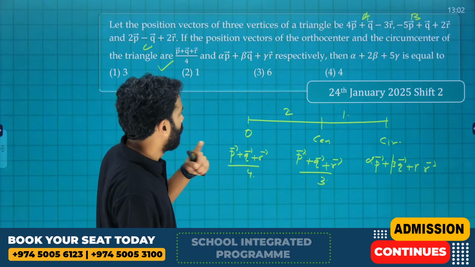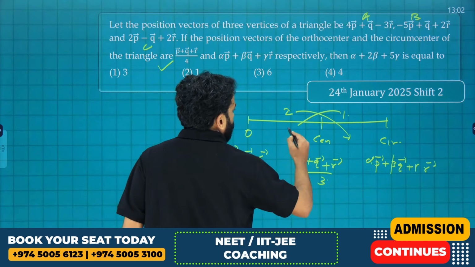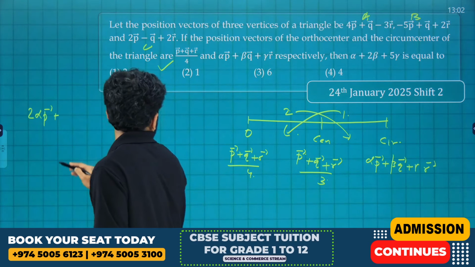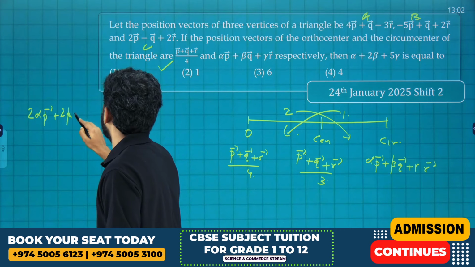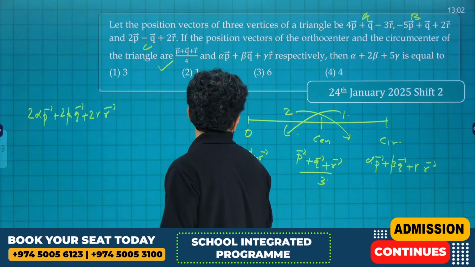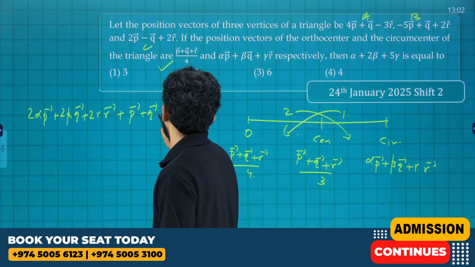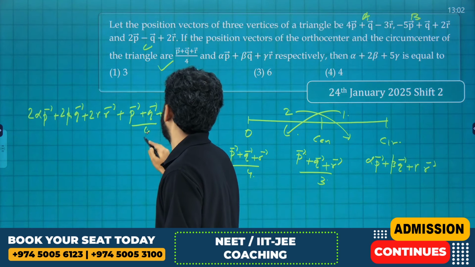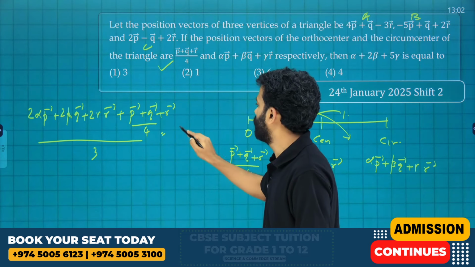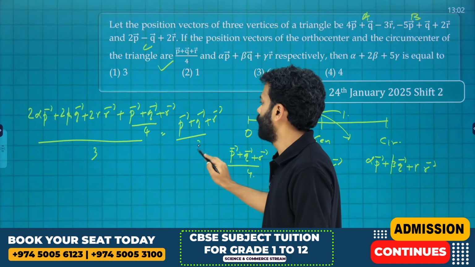Therefore, it can be written like 2 alpha. This is how you multiply. Okay, you know that. That is 2 alpha vector p plus 2 beta vector q plus 2 gamma vector r, plus vector p plus vector q plus vector r divided by 4 whole divided by 2 plus 1, which is equal to 3, and that will be equal to vector p plus vector q plus vector r divided by 3.